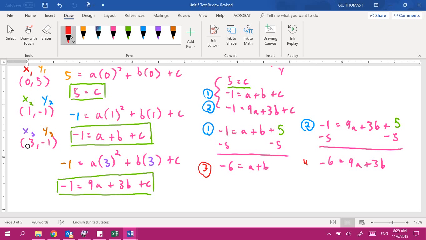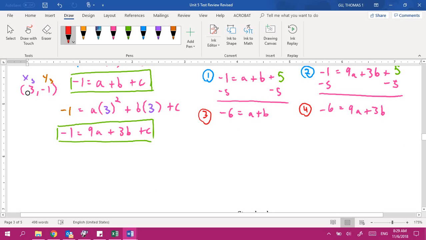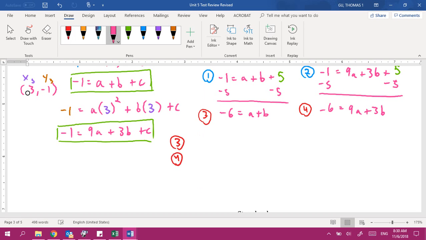So we can see that now we've got our 2 new equations, right? And with our 2 new equations, we're going to pair them together to try to find out the variables a and b. Okay, so let's see. We got 3 and 4. So I'm going to rewrite them down here so I have some space. So we got -6 equals a plus b, and we got -6 equals 9a plus 3b.